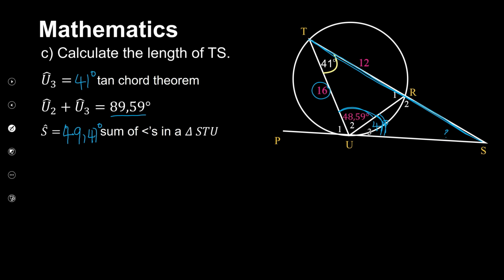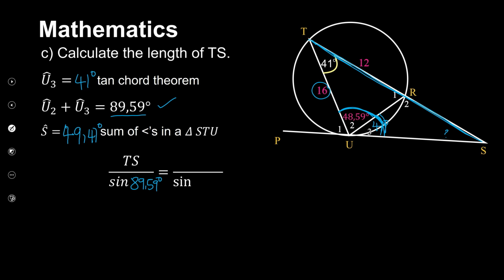Now we're going to apply the sine rule to this big triangle STU. So let's begin. Remember, we are looking for the length of TS. So because we're looking for the length of TS, we're going to start with TS, and then we're going to use the sine of the angle across it. And the sine of the angle across from TS is that angle there. So we're going to say sine of 89,59 degrees.